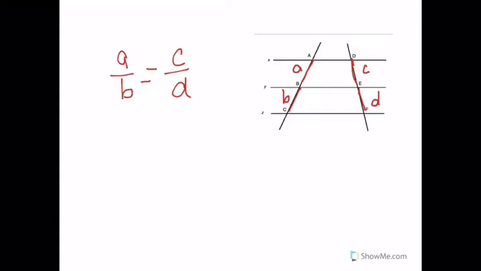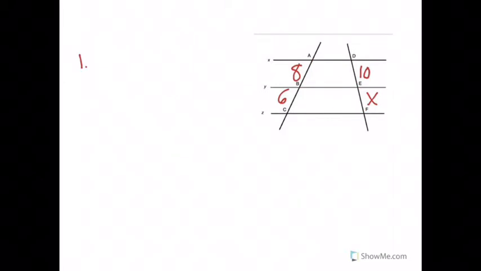So we're going to do some problems involving these transversals being split instead of the sides of our triangles being split. All right, so number 1. So on the left we have 8 and 6, and on the right 10 and x are segments, and it's the same idea as our triangles. It'll be 8 over 6 equals, on the right side, 10 over x.